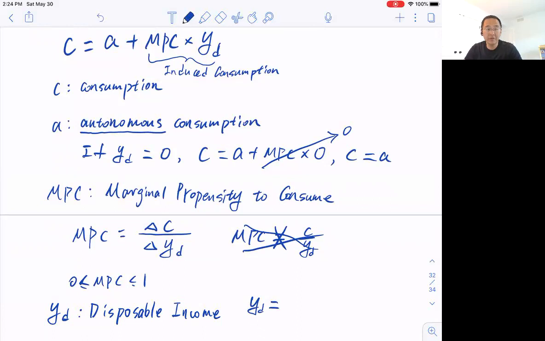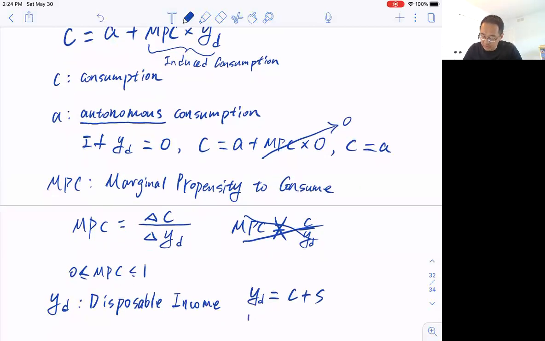We say disposable income equals consumption plus savings. You either consume it or you save it. You've seen this equation before. Or, since by definition it is income after taxes, it's the total income you have minus NT, the net taxes that you actually pay.